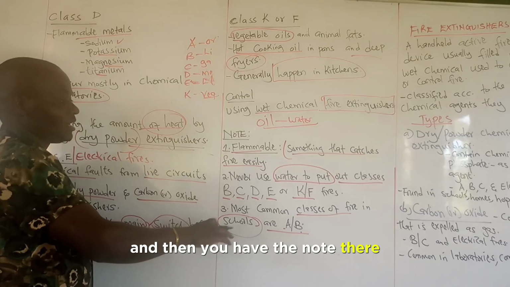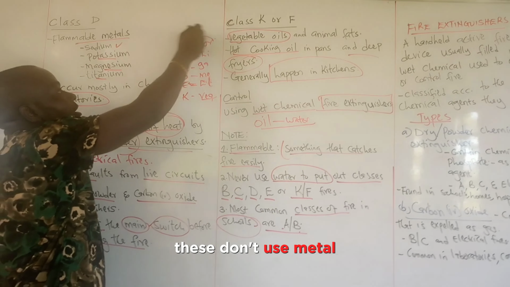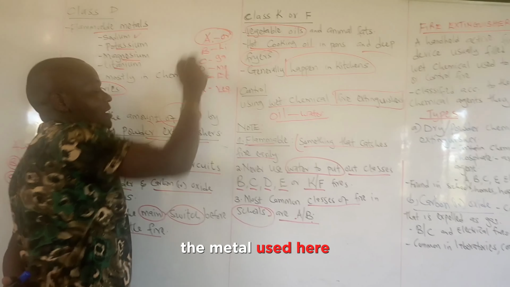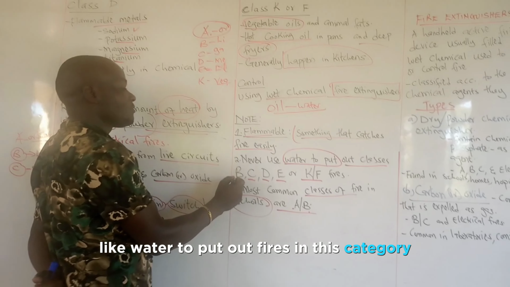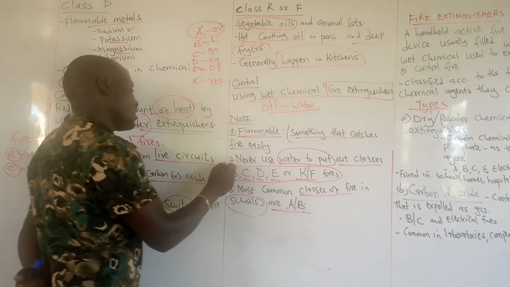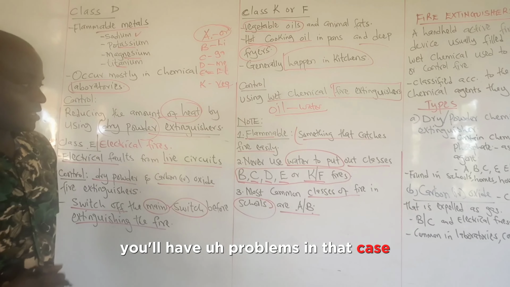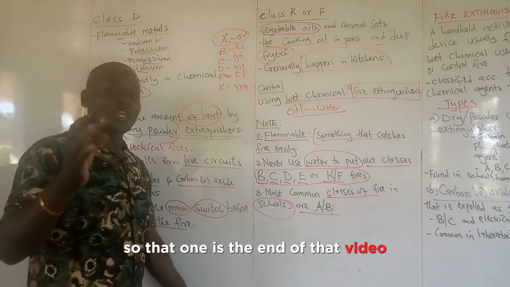And then you have the note there, please don't use the method used here, like water, to put out fires in this category. You'll have problems in that case. So that is the end of that video.